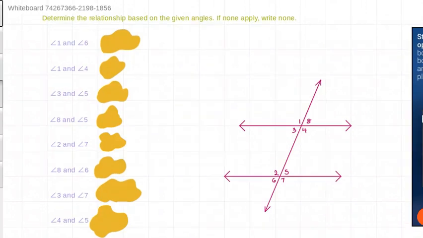Determine the relationship based on the given angles. If none apply, write none. Alright, so angle 1 and angle 6. We can see that they're on the same side of the transversal.